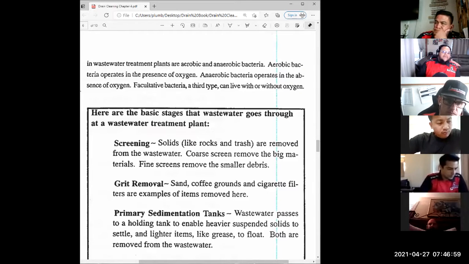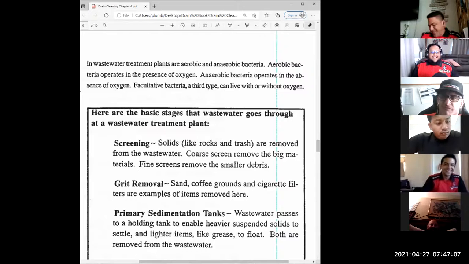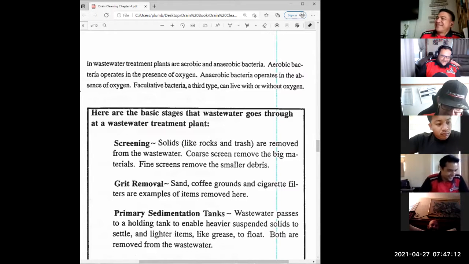Aerobic bacteria operates in the presence of oxygen, and anaerobic bacteria operates in the absence of oxygen. Facultative bacteria, a third type, can live with or without oxygen.